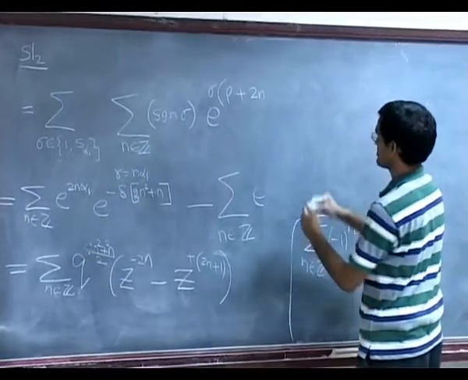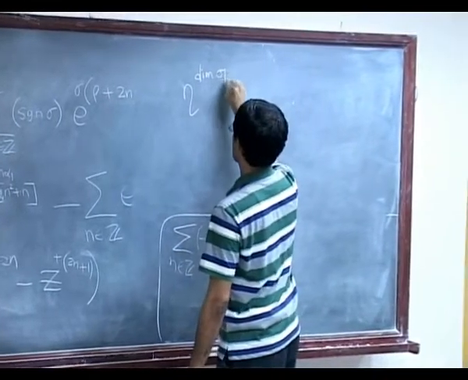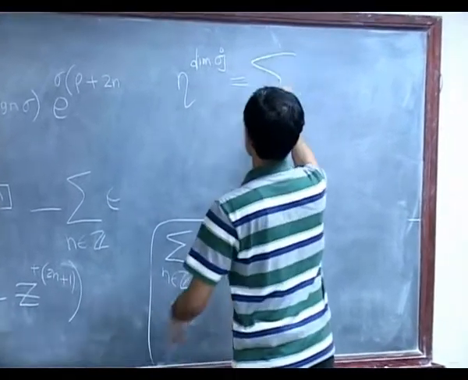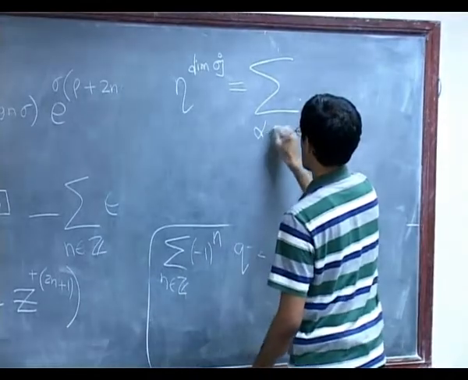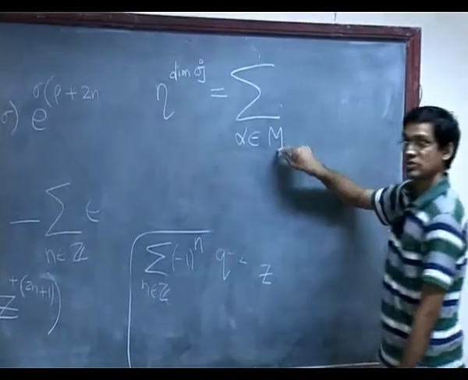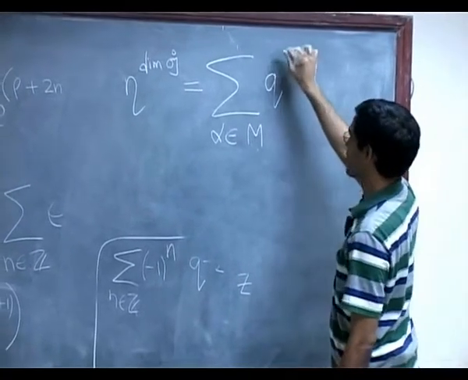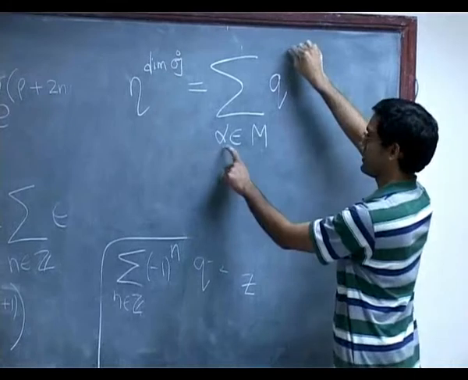which looks like some power of that eta, this d, which is the dimension of the underlying Lie algebra, is a sum over all alpha ranging over that lattice M, okay, which is the long root lattice, there will be a power of q which has a quadratic term in alpha. Okay.